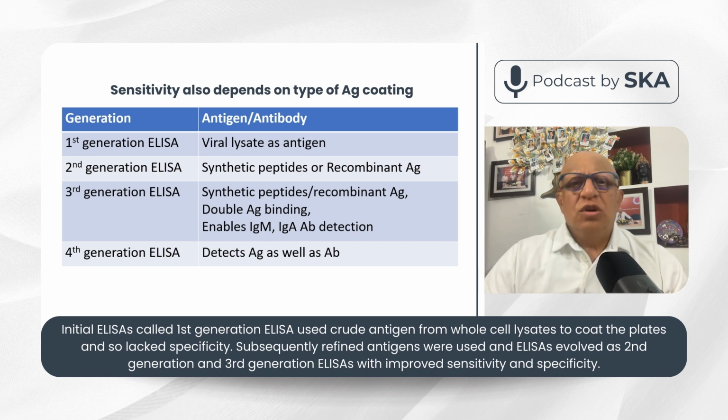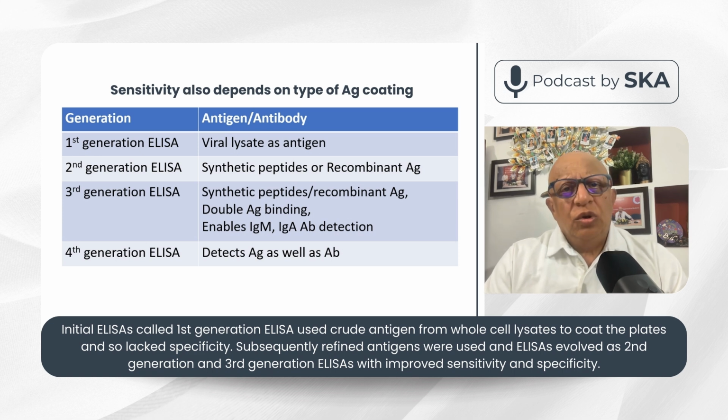They will induce a lot of antibody formation in the infected person's body. So those were the important antigens. The antigens could be either isolated from the whole organism lysates or made by recombinant technology. So people started using recombinant antigens for coating the plates for detection of antibodies.